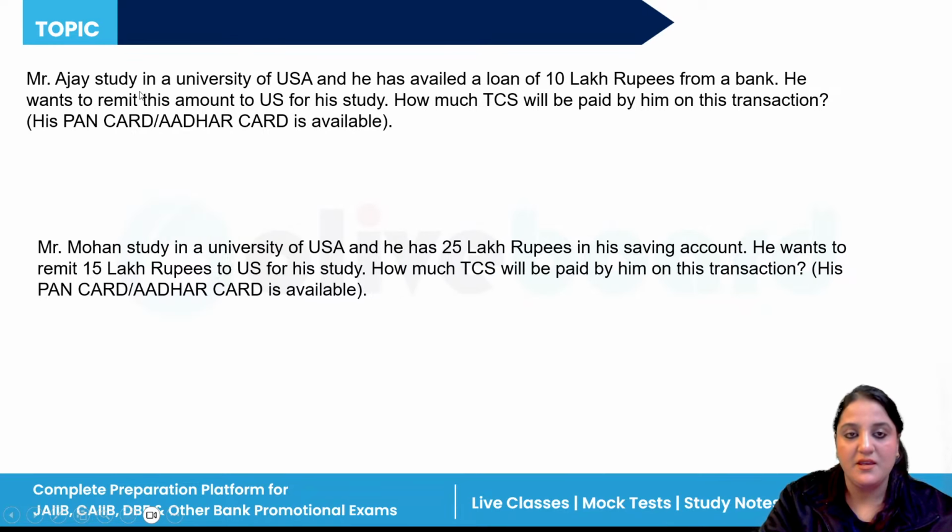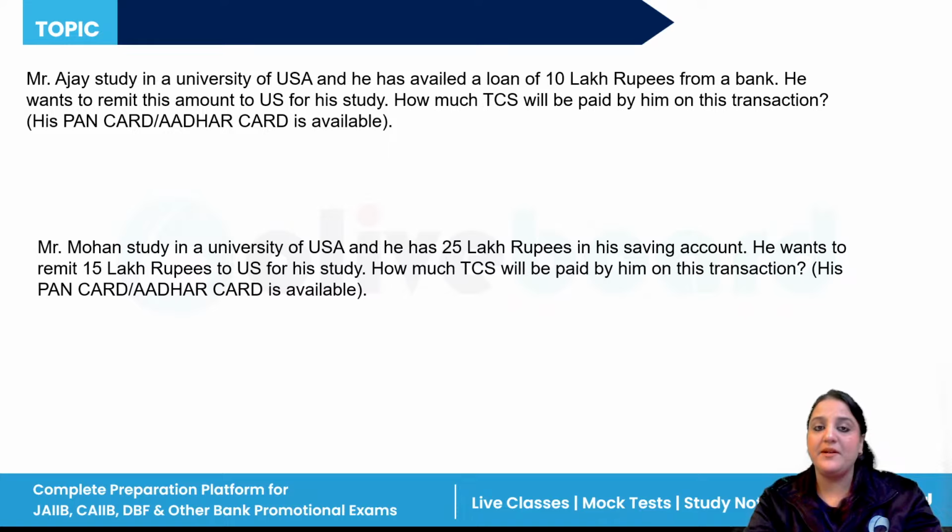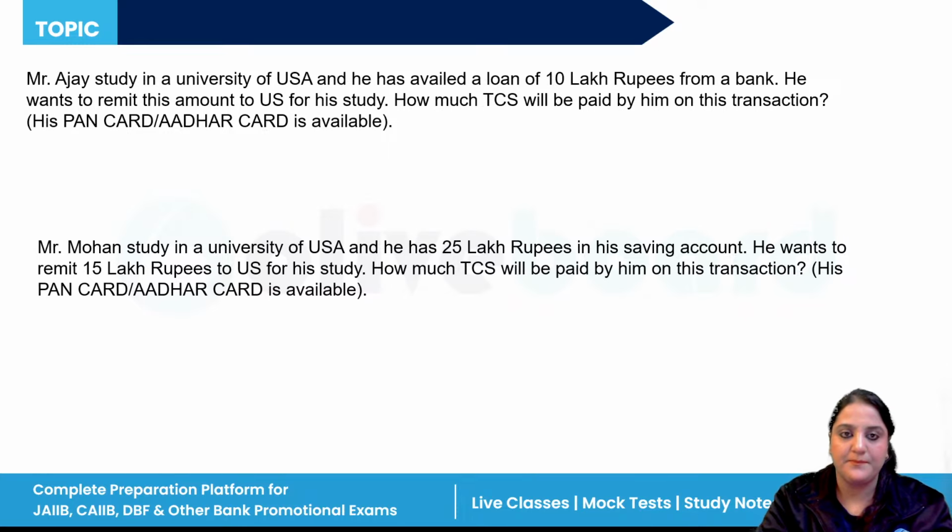So Mr. Ajay, who studied in a university of USA, has availed a loan of 10 lakh rupees from a bank. He wants to remit this amount to the US for his study. So how much TCS will be paid by him on this transaction? And his PAN card and Aadhaar card are available.